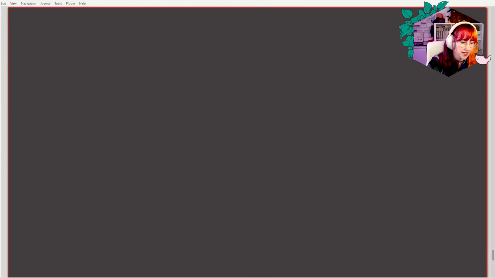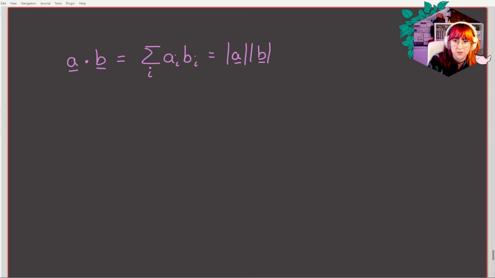So I'm going to write a load of maths and then I'm going to outline what is going on. This is the dot product, A dot B, and that is equal to the sum over the product of the entries, but it's also equal to the product of the norms multiplied by cos of theta.